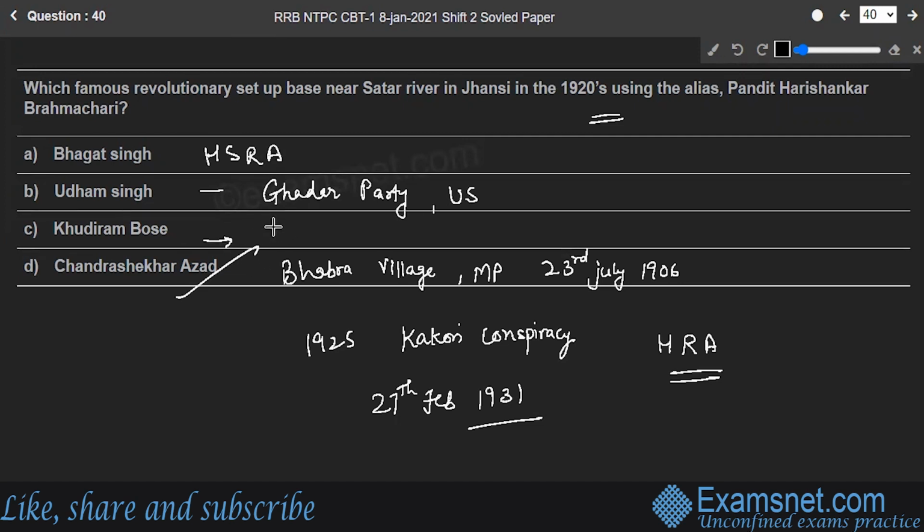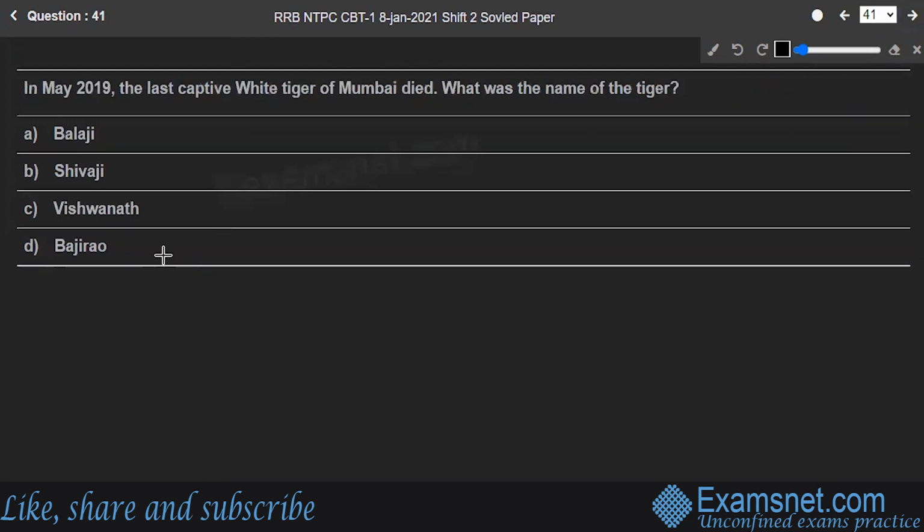Then Khudiram Bose was involved in Muzaffarpur bombing, to murder magistrate of Muzaffarpur, Kingsford. So we have option D, Chandrasekhar Azad, as the correct answer for this question. Hope you understood that. Next is question number 41.